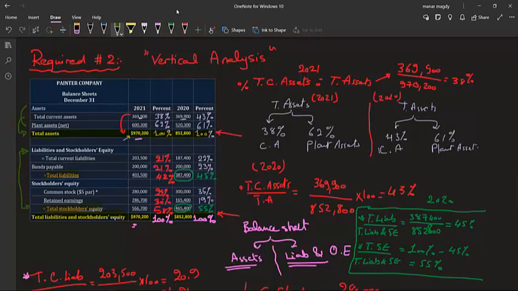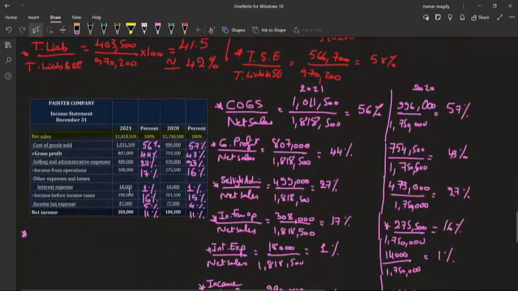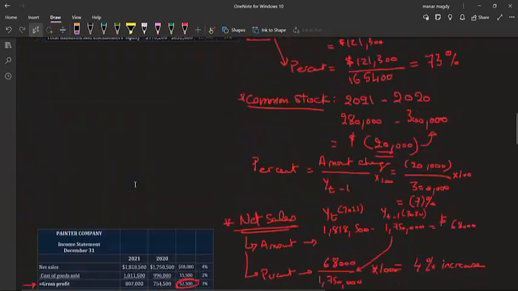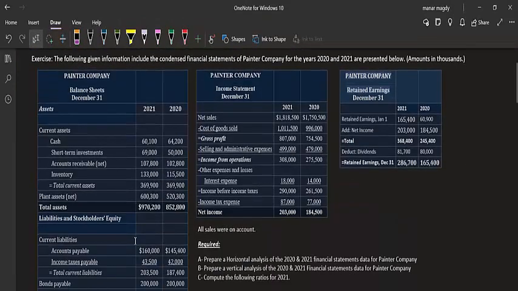For the balance sheet you're comparing to the total assets, and for the income statement you're comparing to the net sales. Take into consideration that horizontal analysis is applied to the three statements: balance sheet, income statement, and the retained earnings, while the vertical analysis only applies to the balance sheet and the income statement.